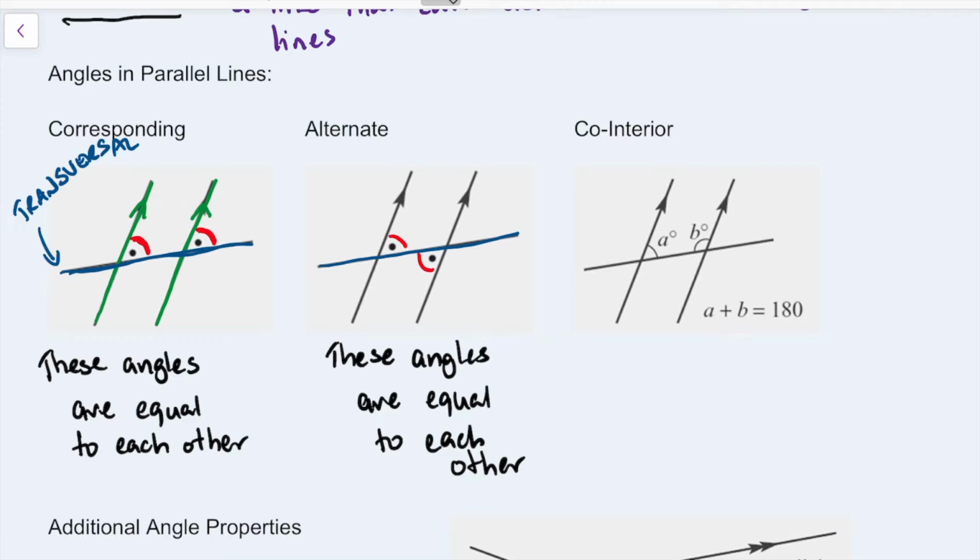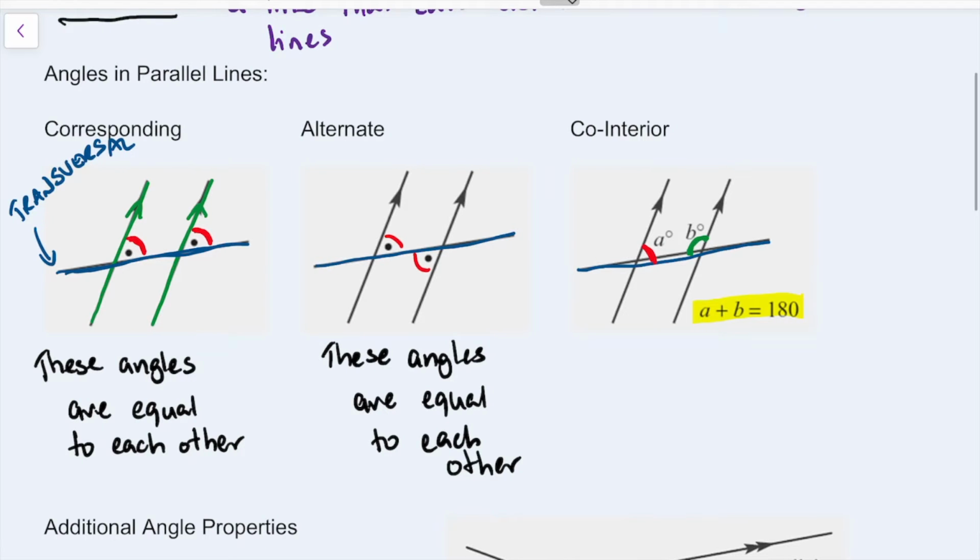Now, our third type of special angle that we find in parallel lines is the co-interior angles. Here we have our transversal line, and we have angle A and angle B. These have to add up to 180 degrees.